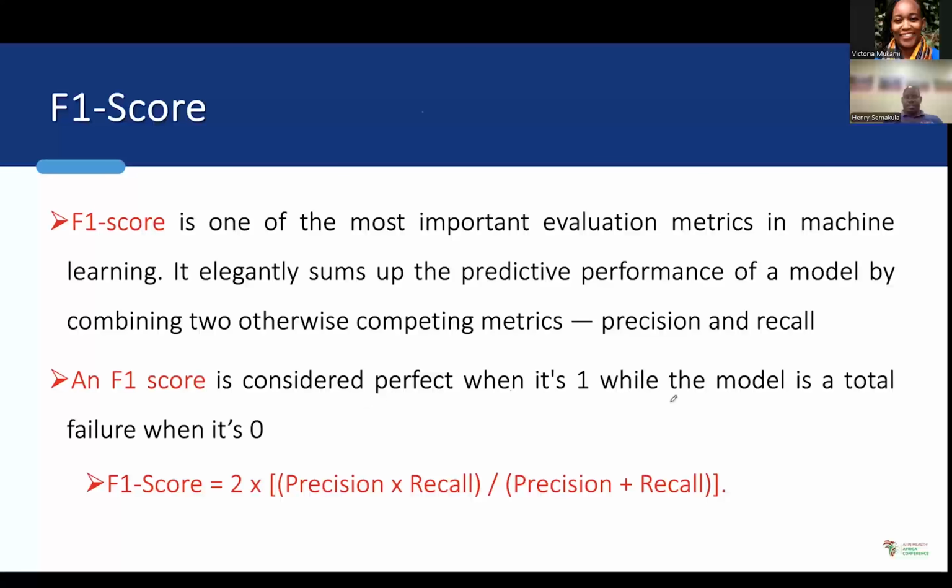But if it is 0 or closer to 0, then definitely your model is not performing well, it is failing. It's given by the formula 2 times the product of precision and recall divided by the summation of precision and recall. Definitely, you know the formulas. You can go back and derive the formulas of precision and recall.